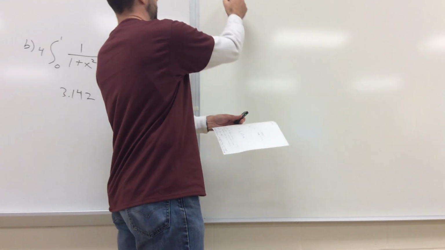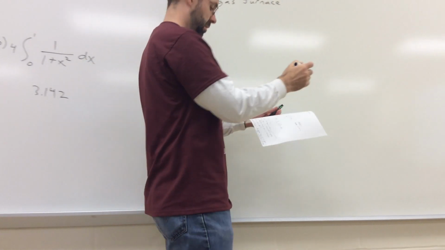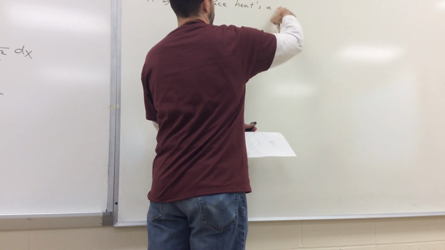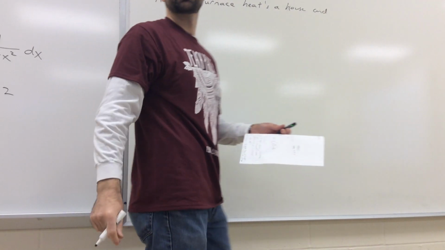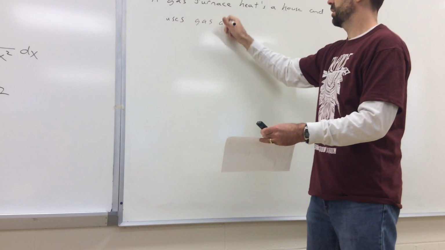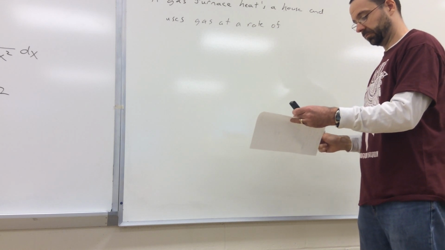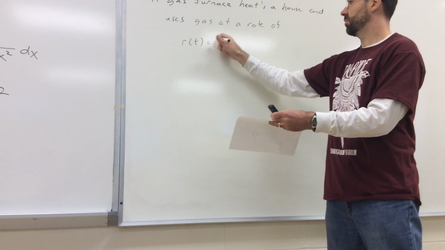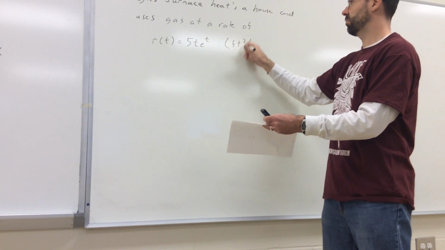Okay, for example 3, we're going to have a gas furnace that heats a house and uses gas at a rate of R of t equals 5t e to the t, and that rate is in cubic feet per hour.